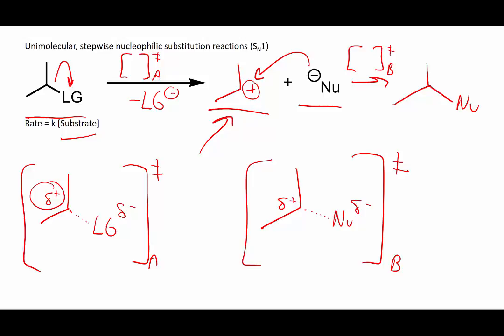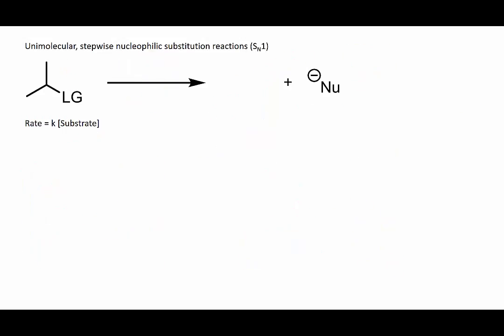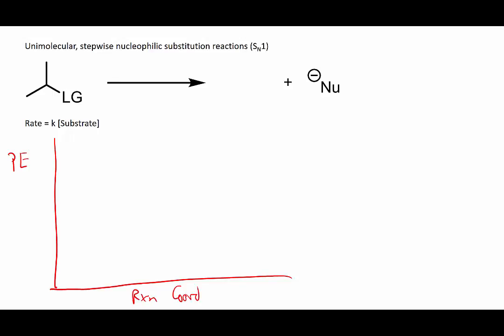So let's draw a reaction coordinate diagram for this reaction. Again, we're going to draw a plot where we have the potential energy on the left and our reaction coordinate on the right. Again, this reaction will be exothermic. So we're going to have our starting materials on the left, our products at a lower energy all the way on the right.